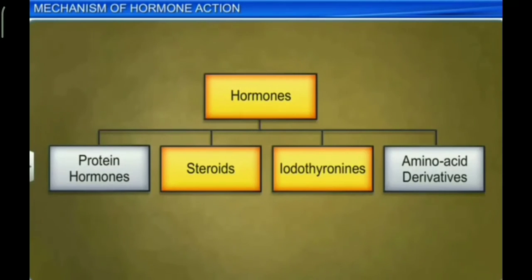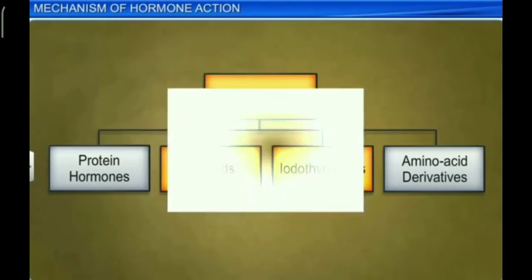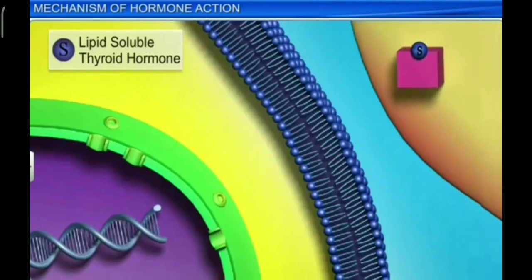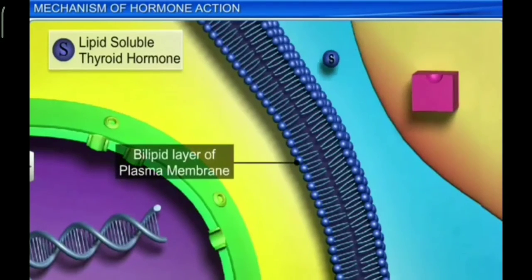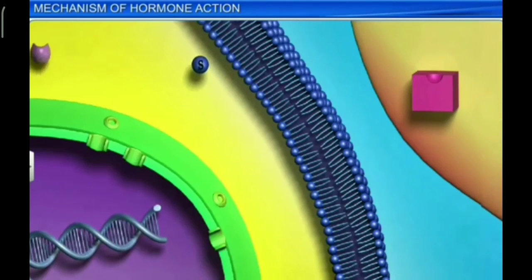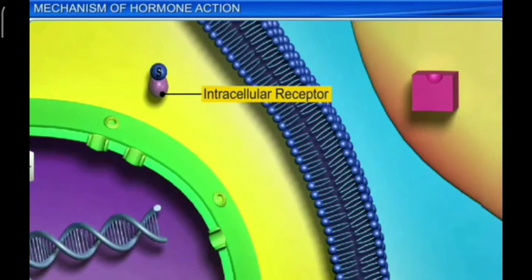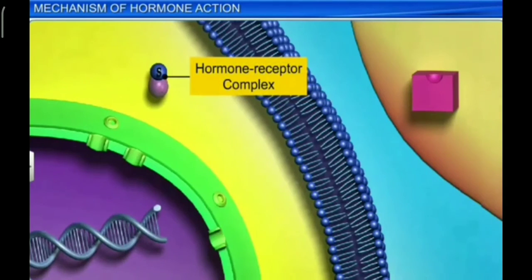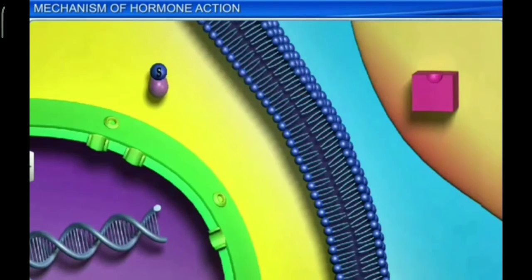A mode of action through intracellular receptors. Steroids and thyroid hormones are lipid soluble and easily pass through plasma membrane of the target cell into the cytoplasm. Now here in the cytoplasm, they bind to specific intracellular receptor proteins, forming a hormone receptor complex that enters the nucleus.